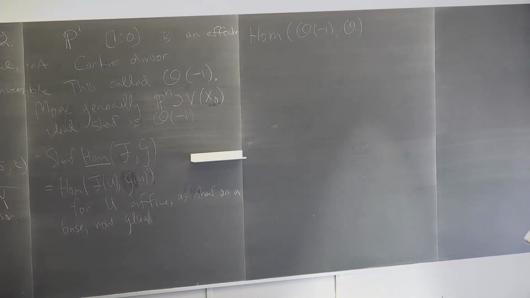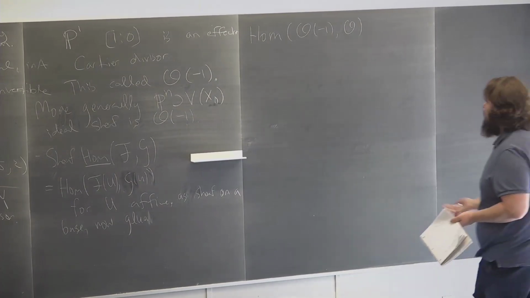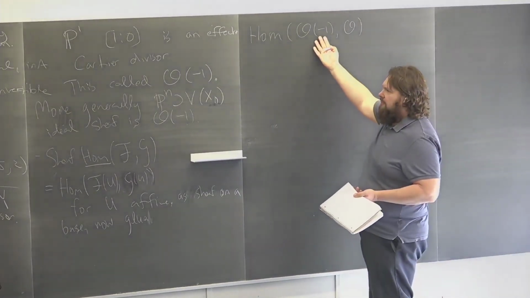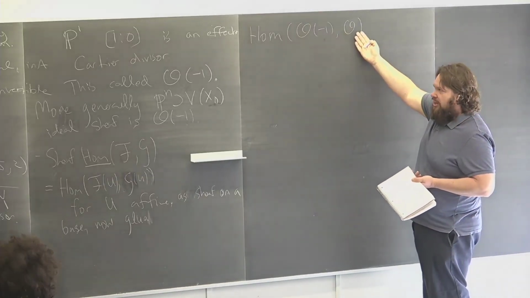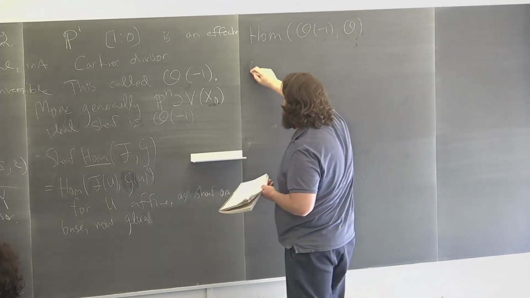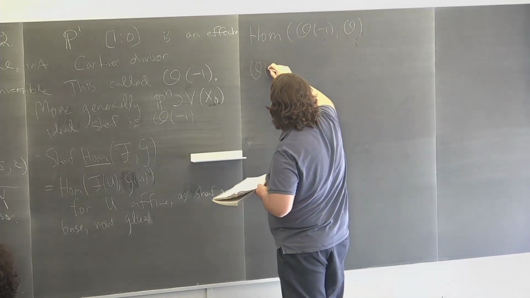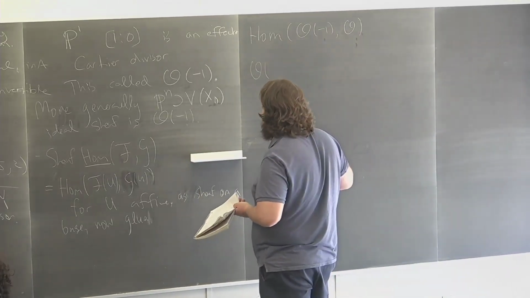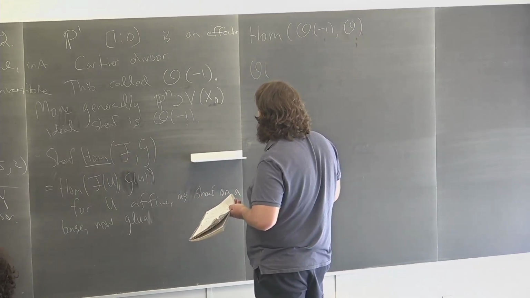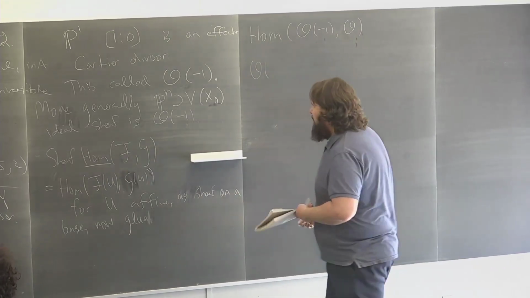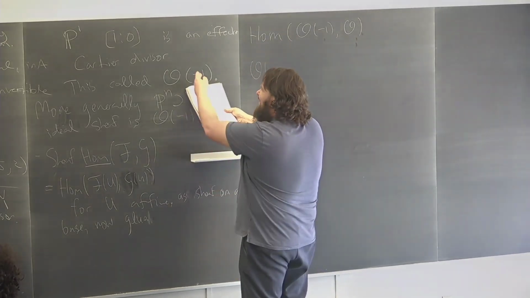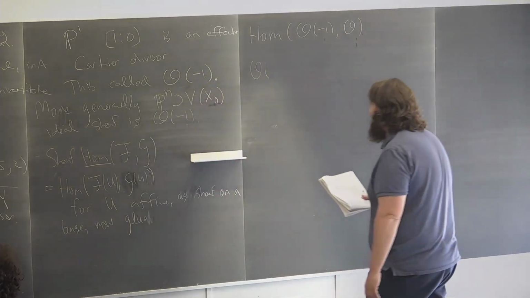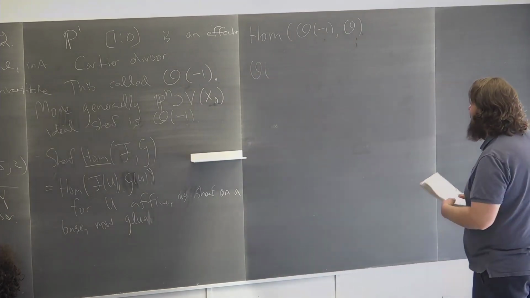Globally, this has no sections, and this has sections which are just constants. Right, did I do this right? Wait a second, I had really convinced myself... Yes, okay, great. Right, good. You always have to get the sign here right. There's also an O of 1. I was pretty sure I had the sign right, but I was worried for a moment there.